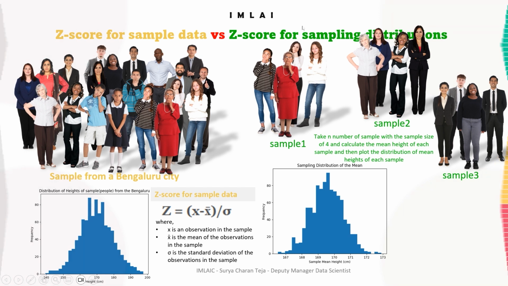Then after checking sample 1, we will calculate the mean height of sample 1. Then we will replace sample 1 into the population, so your population becomes bigger as usual. Then you take one more random sample and calculate the mean height of sample 2.